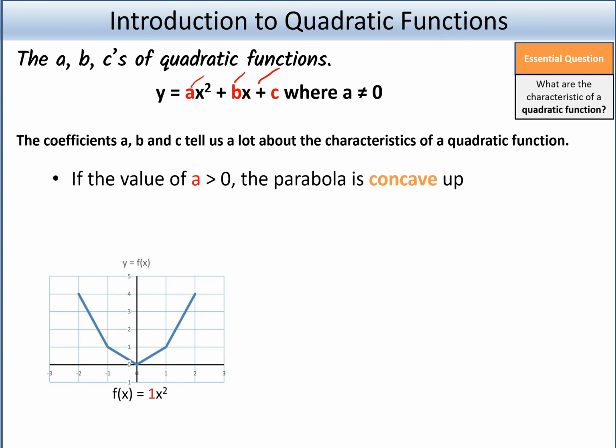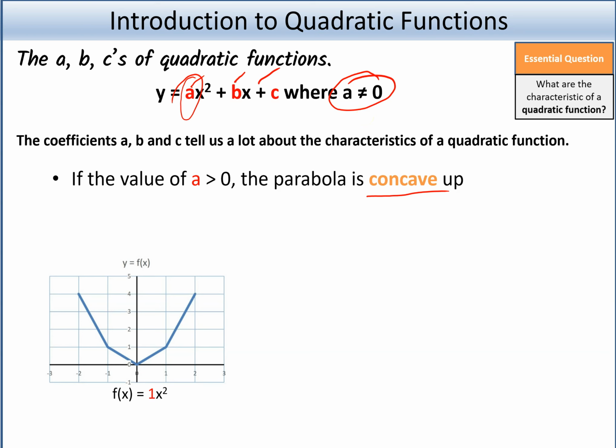So the first thing we notice about a quadratic function is we can tell if it's concave up or concave down based on the sign of the coefficient a. If the value of coefficient a is greater than 0, the parabola is concave up. And remember, if it's 0, then we no longer have a quadratic function.